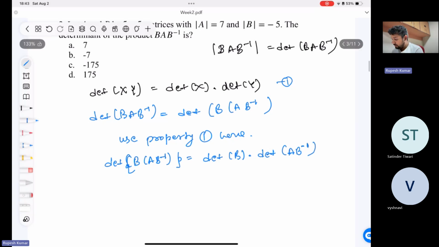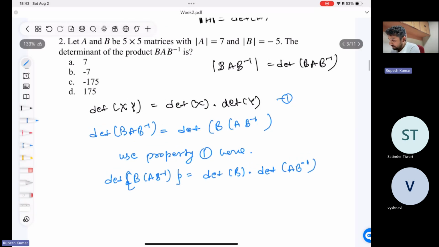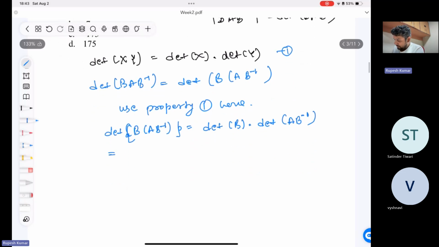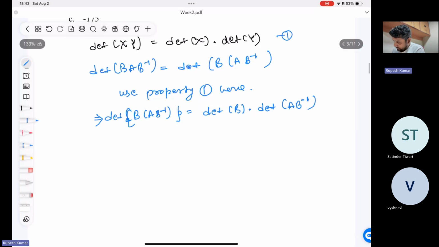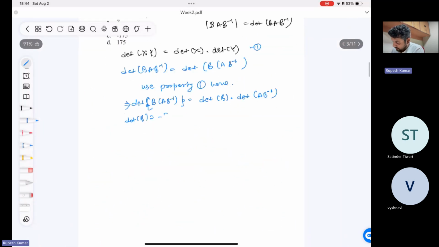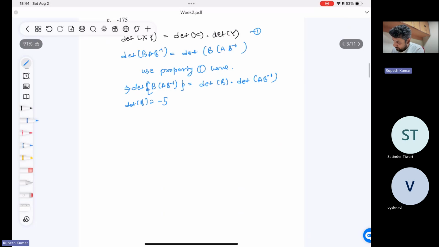Now we can always write this. So dot is basically a scalar product here. Now we know that determinant of B is given, which is equal to -5. So let's put it into this.